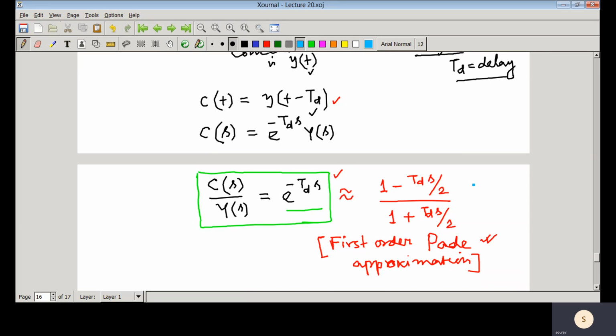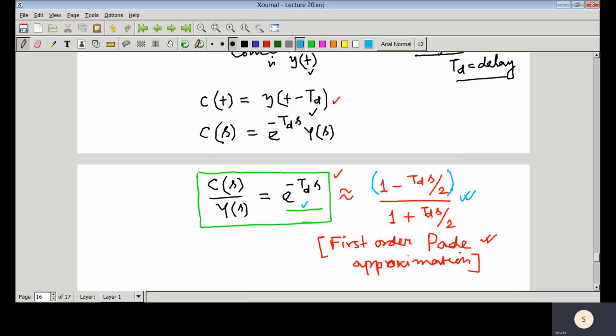And here you can see that whenever you approximate this e to the power minus Td s, it is coming in proper form. This is a transfer function in proper form, but you can see that in the numerator there is one zero on the right half of the s plane.